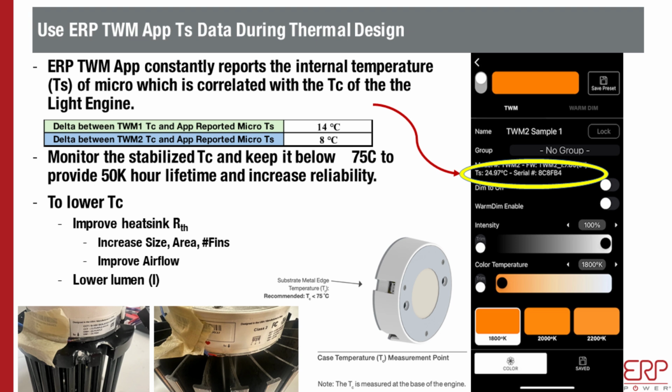So internal to the module, which is the core of it, is the microcontroller. That area is going to be much higher than the TC itself. But you will never get a TC higher than the TS of the internal micro.